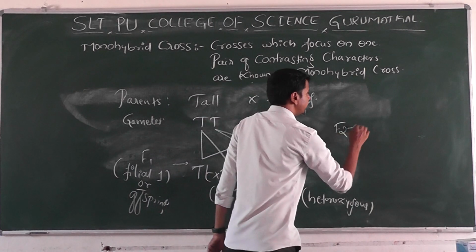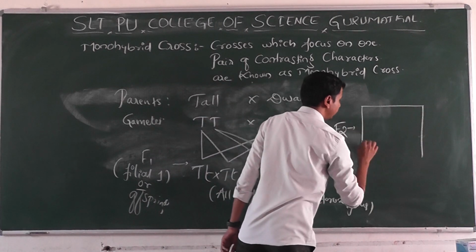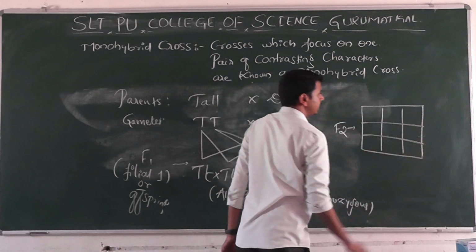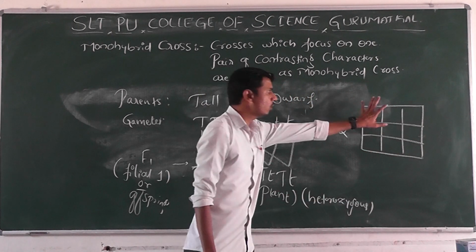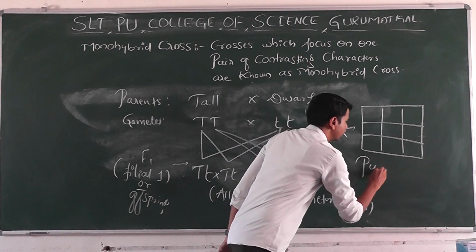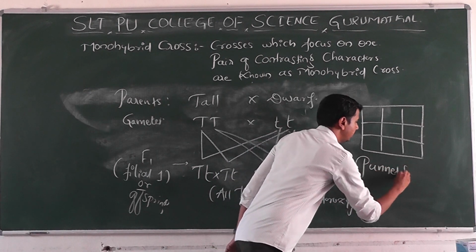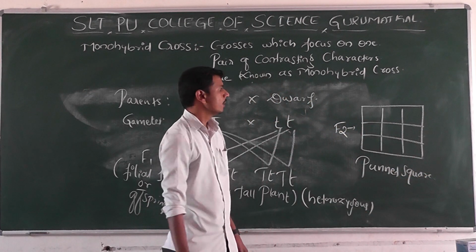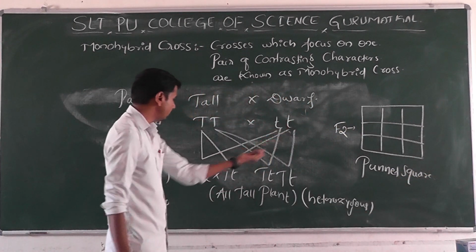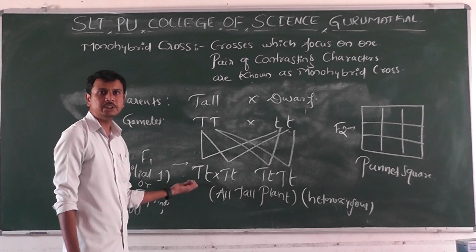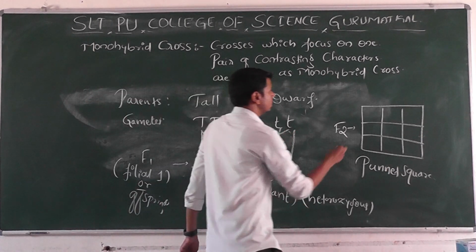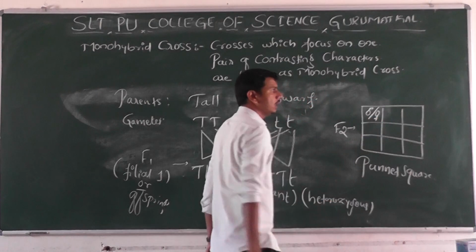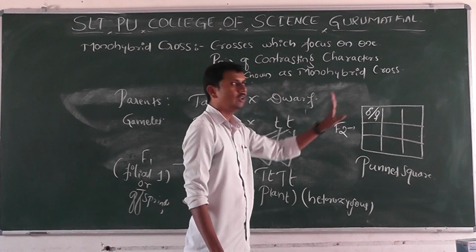In the case of the F2 generation we are going to mention those genes in the form of boxes. We call this a Punnett square. Now we will mention whatever gametes or genes are present. These two symbols will show the male and female.